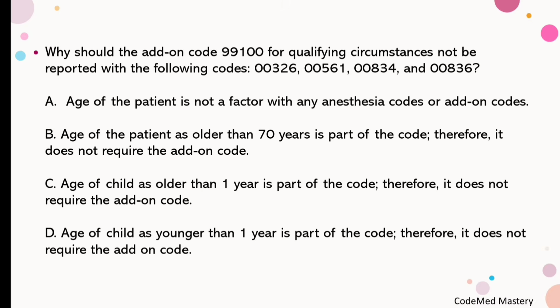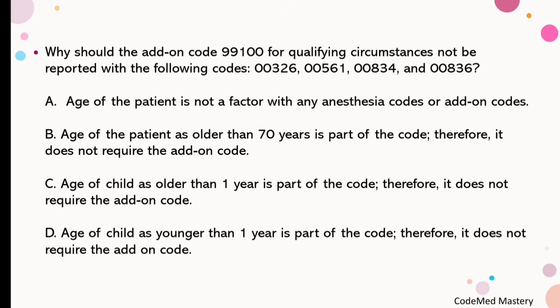Next question. Why should the add-on code 99100 for qualifying circumstances not be reported with the following codes 00326, 00561, 00834 and 00836? So they're asking why 99100 should not be reported with these four codes.